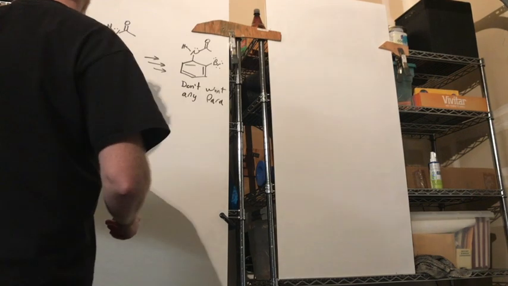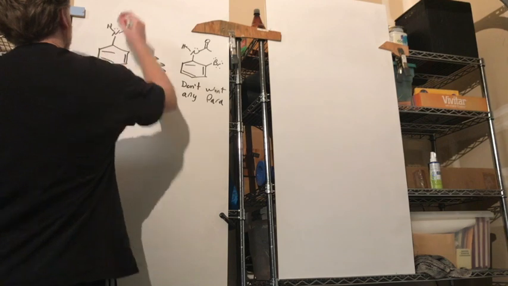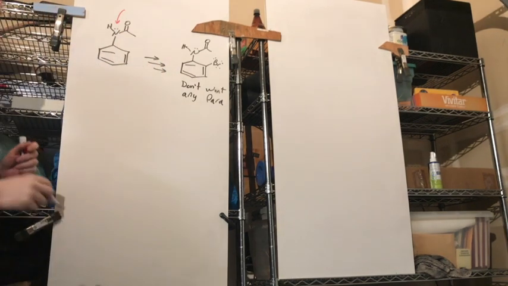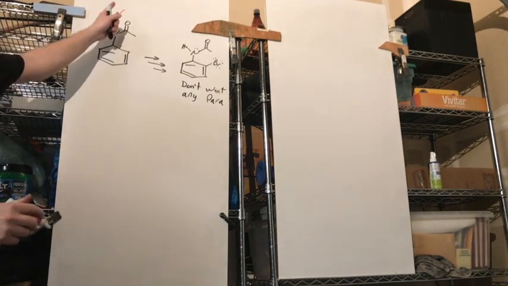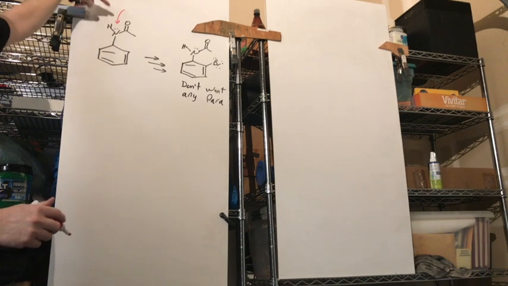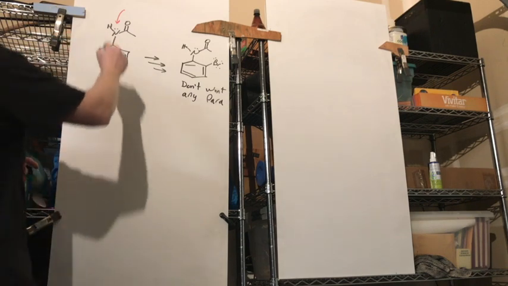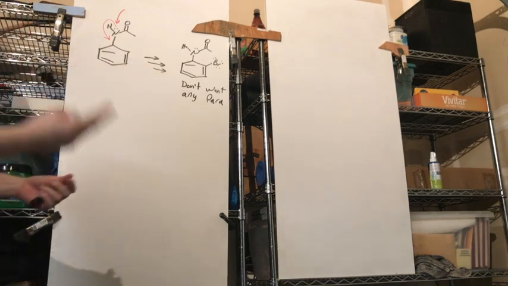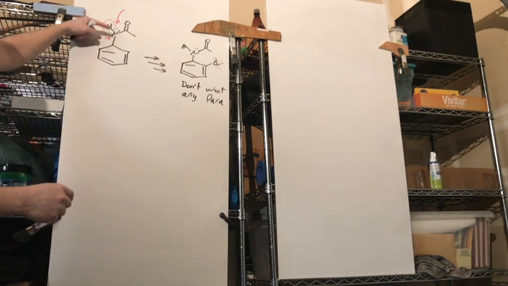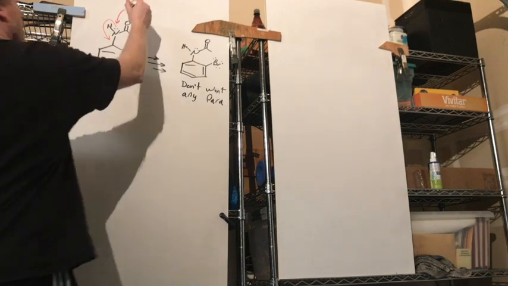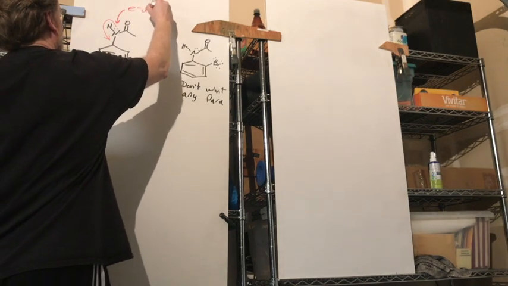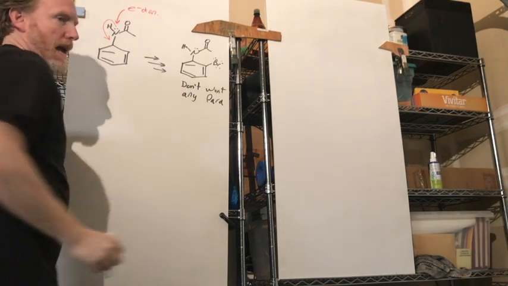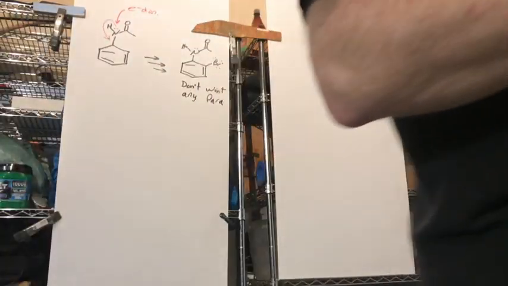First, let's look at what this guy is. This nitrogen, through induction, is withdrawing. Through resonance, it's donating in, so it's battling between induction and resonance. Resonance is very strong because it's a 2p, 2p. It's an overall electron donor, and so that means that it will be an activator.